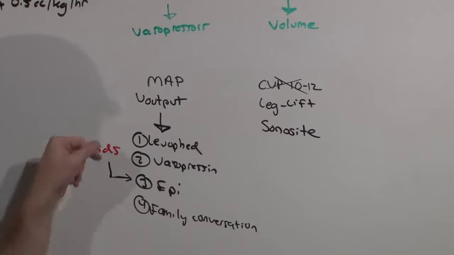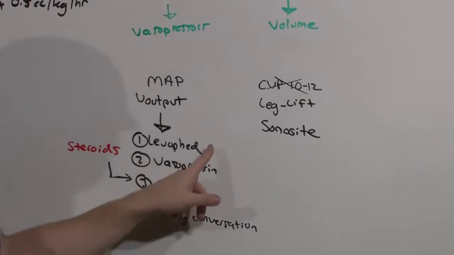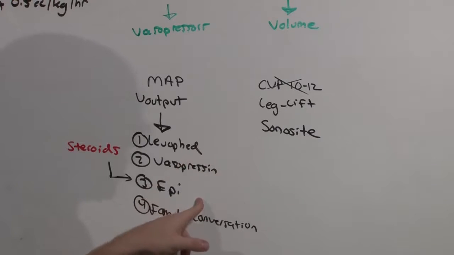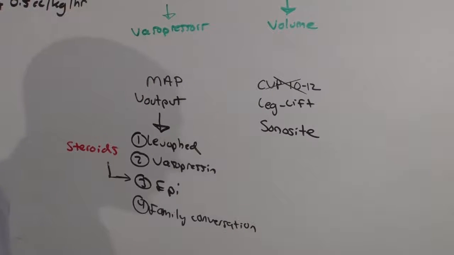So systemic vascular resistance is assessed by the blood pressure and urinary output, and is fixed by giving vasopressors, and we sort of know already which 3 to use. If you're getting down to the third, start thinking about giving steroids. One of the things we didn't do was say, do we need blood or not?